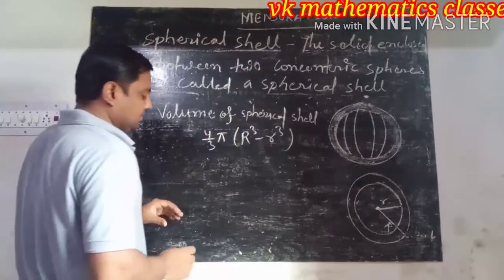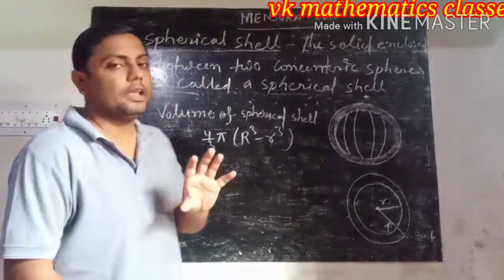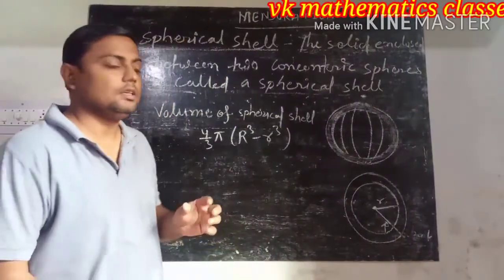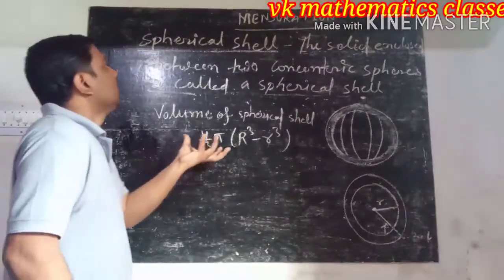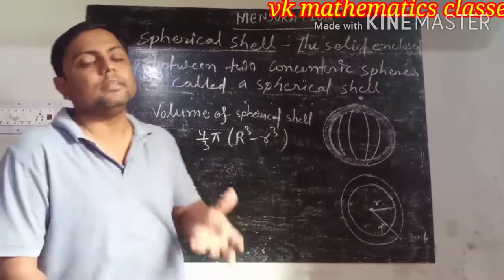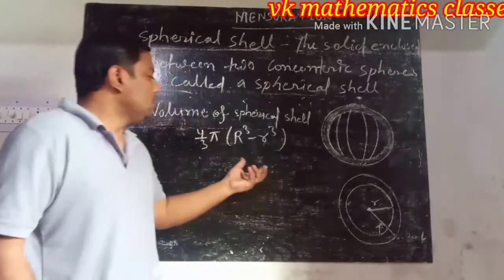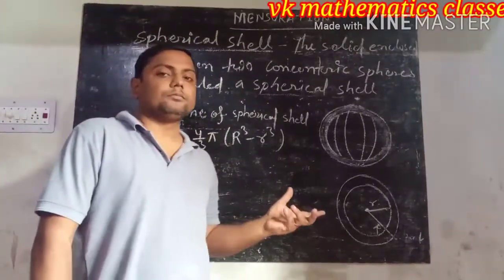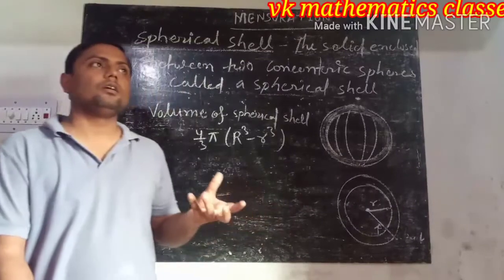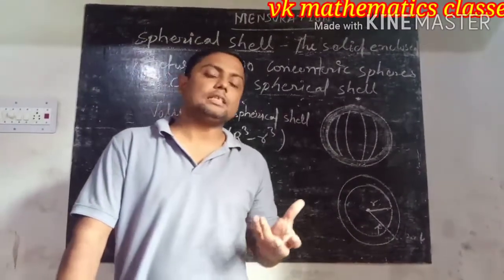Suppose the cover of an egg is like a spherical shell. Not exactly spherical, but it looks like a sphere. And the outer cover of an orange is also like the shell.